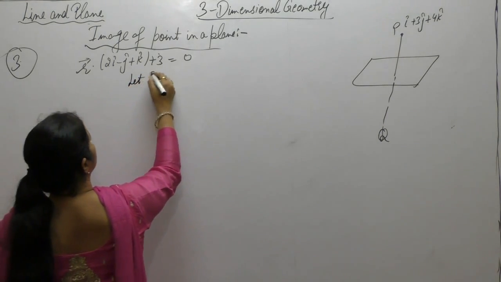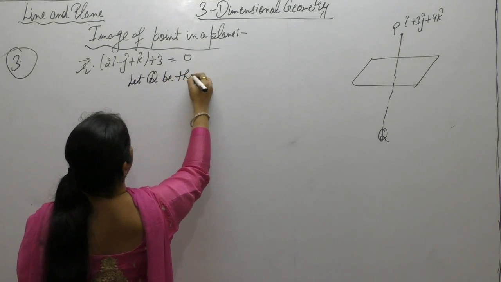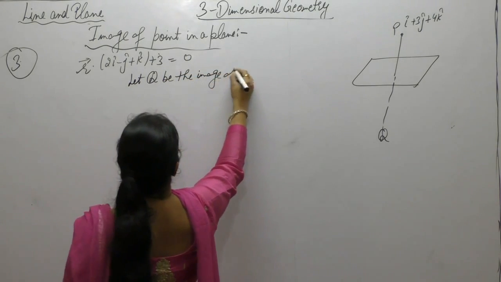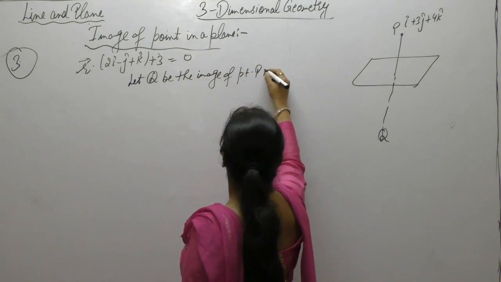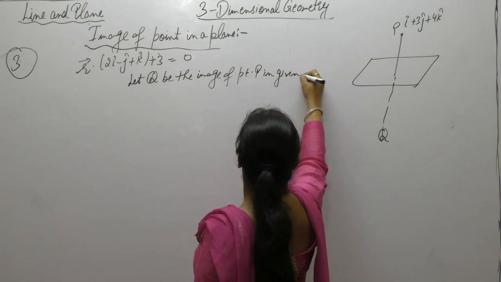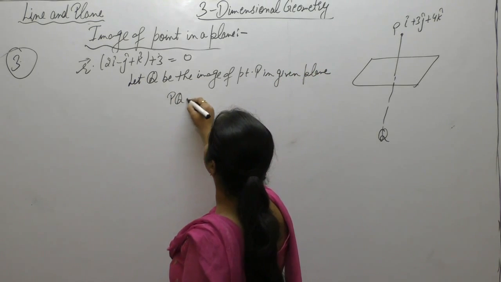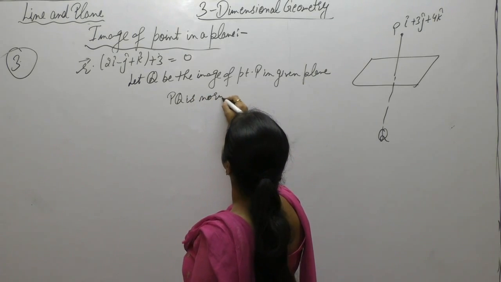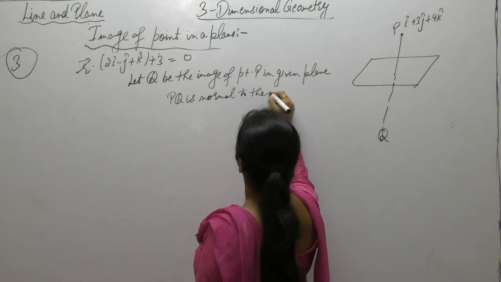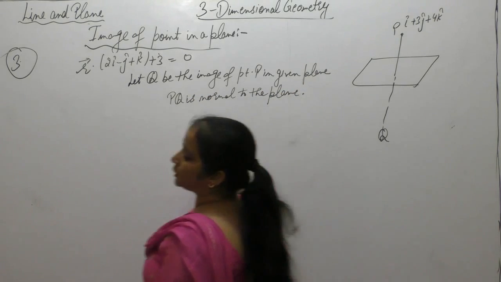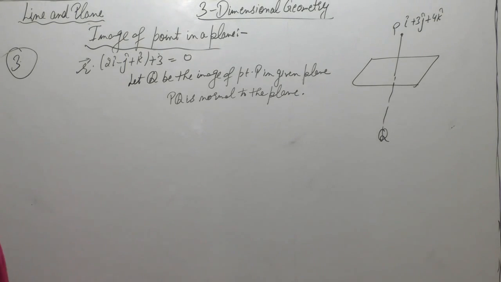Let Q be the image of point P in the given plane. Then PQ is normal to the plane.